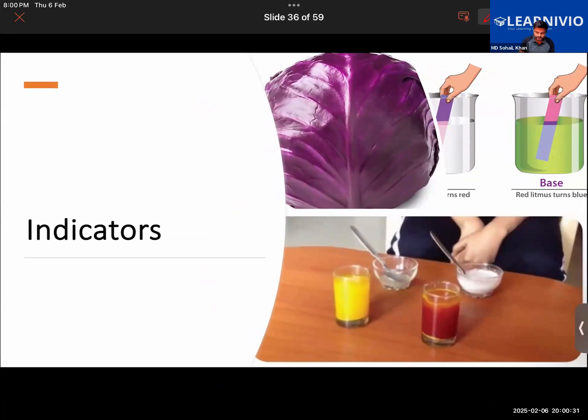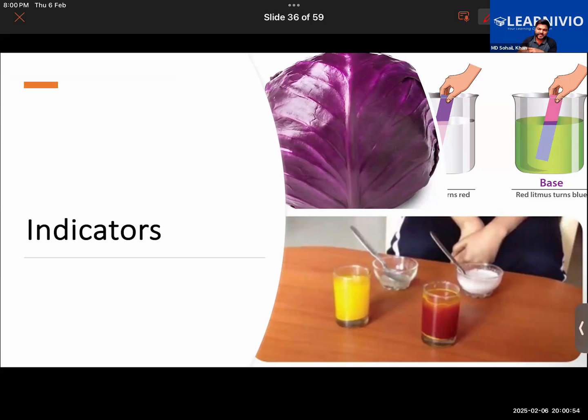Then we have discussed the indicators. Indicators are basically the substances with the help of which we are able to determine the acidic, basic, or neutral nature of substances.